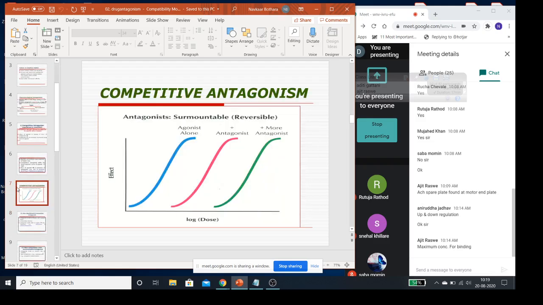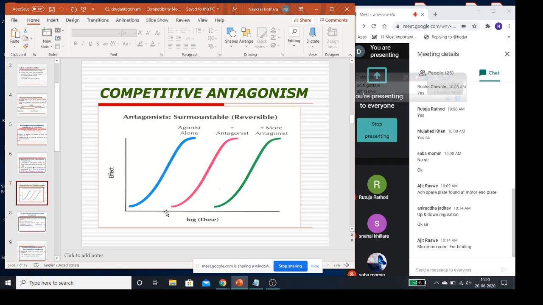Let us see what happens. When agonist alone was there, now with the same dose, if it is reversible, then with a small concentration of antagonist you can see the pink line that is shifted. That means you require a higher dose, which may be almost double dose, to produce the same effect.